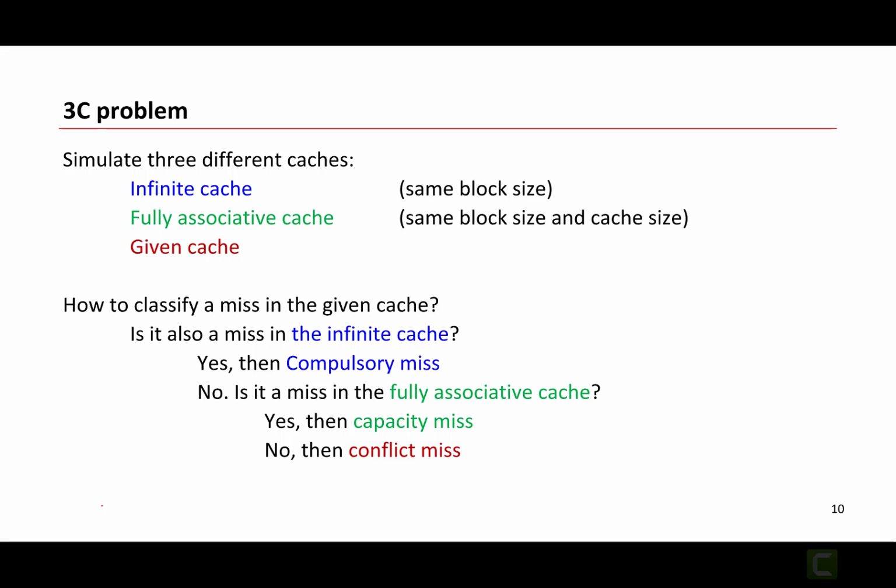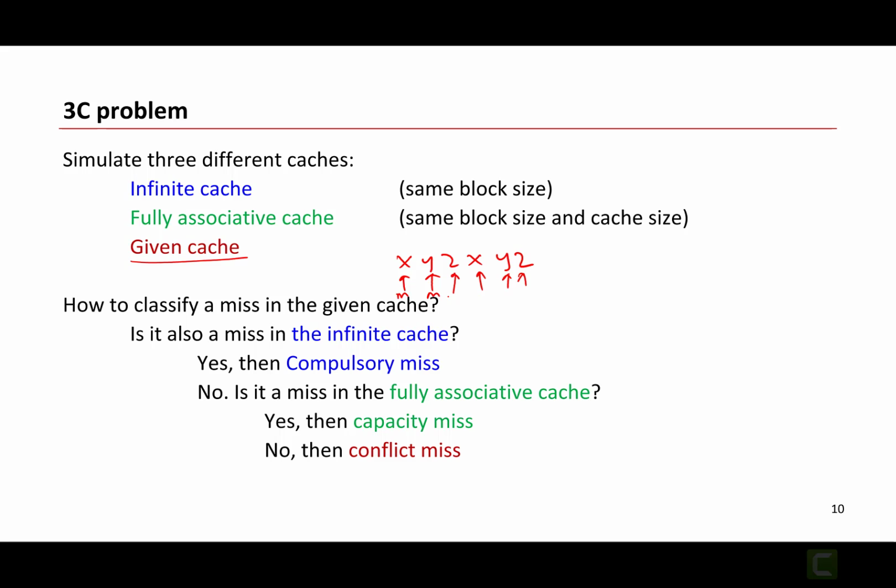Let me talk about the 3C problem first before I talk about cache performance. In the case of a 3C problem, to recap what we talked about, there are three types of cache misses, and we want to understand the type of cache misses that we experience for a given cache. So I take the cache, I look at its geometry, and you look at the address sequence X, Y, Z. Then you ask yourself, I see some hits and some misses, and you want to understand why you are experiencing some misses.